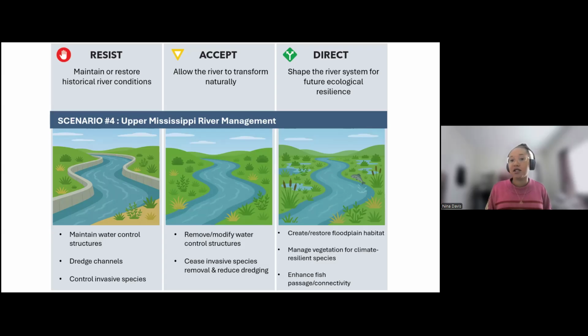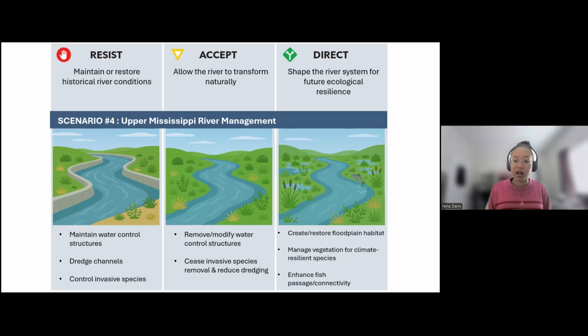Some of the actions that they took were creating or restoring floodplain habitat for future hydrology. They managed vegetation for climate resilient species, and they enhanced fish passage and habitat connectivity. Some of the pros are that it's proactive adaptation, it enhances resilience in the long run, and supports biodiversity. However, there's complex coordination to be done.